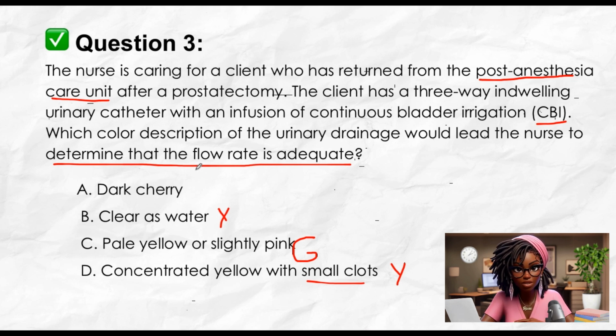It requires us to intervene, therefore making this a red zone answer choice. So C is our green zone answer choice, and the question is green zone. So the correct answer here is C. We want to see pale yellow or slightly pink urine output or drainage.